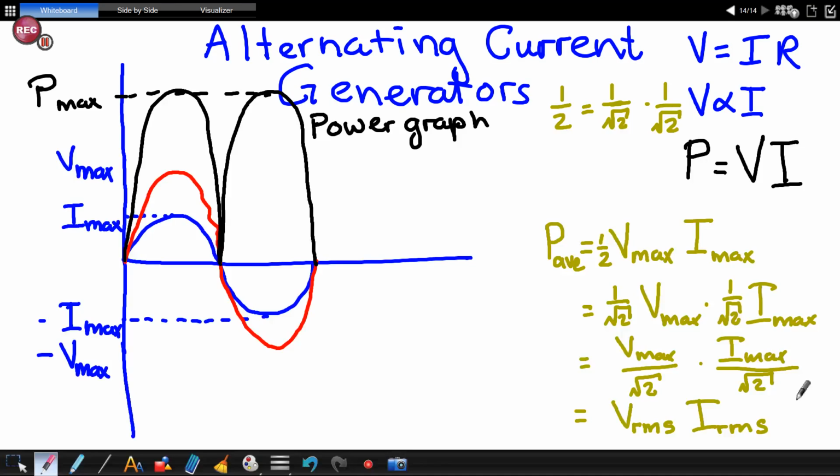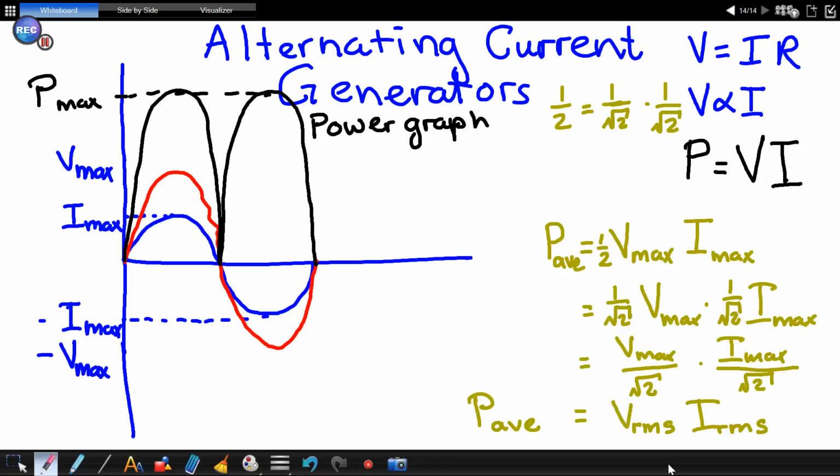It's brand new to you. So all of that was just to change the words? It was to explain how we got there. So the equation is that the average power is equal to the product of the root mean square voltage and the root mean square current.